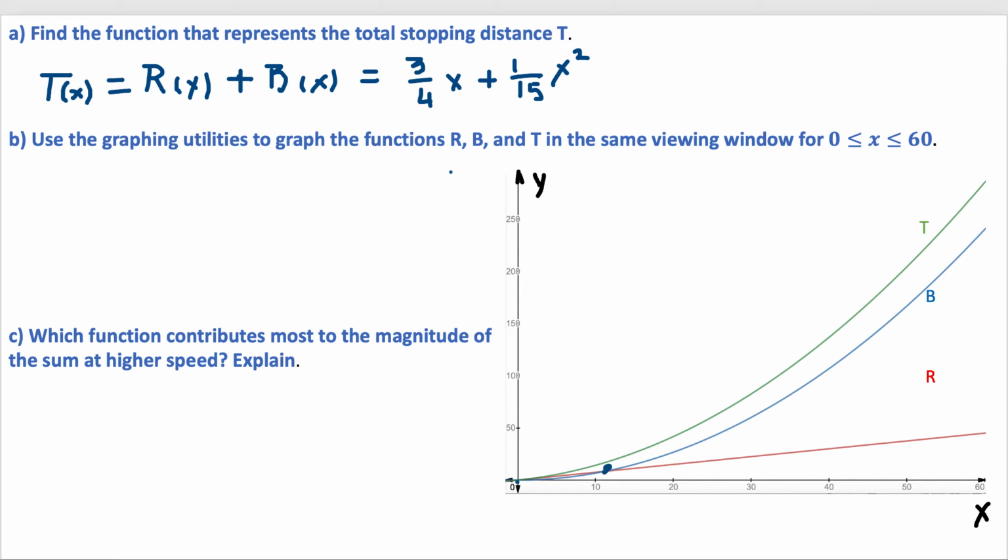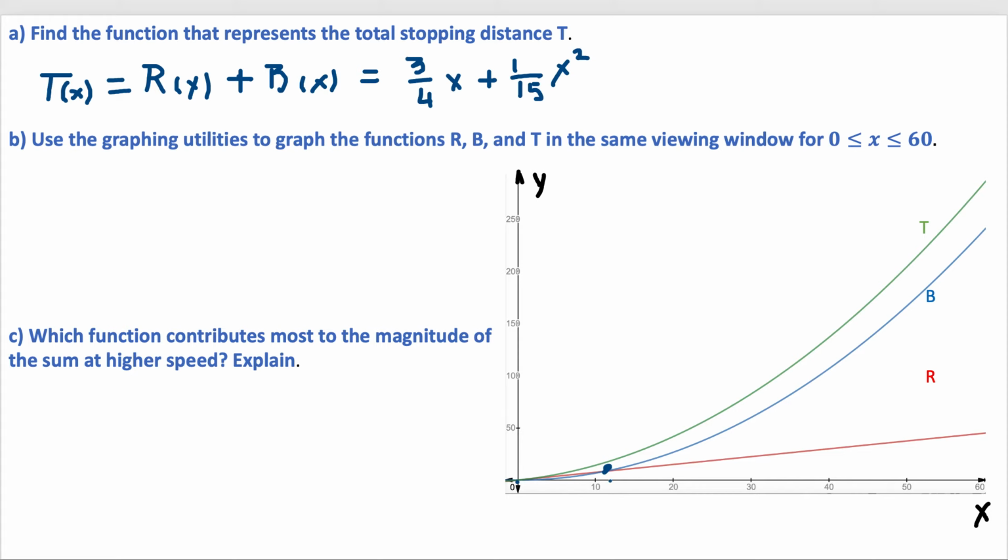To be more specific, we have to equate R of x and B of x. When we equate both functions, one x is going to be 0 and the other x is going to be about 11.25.